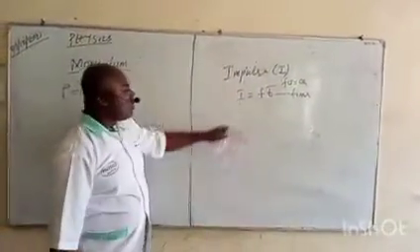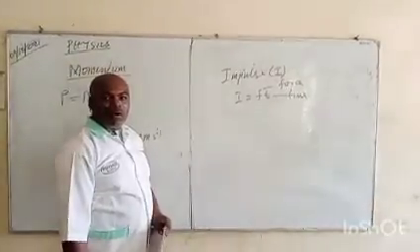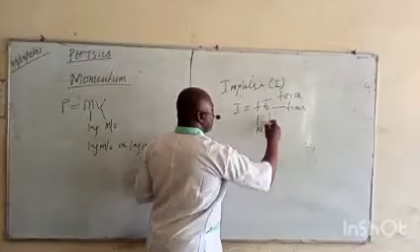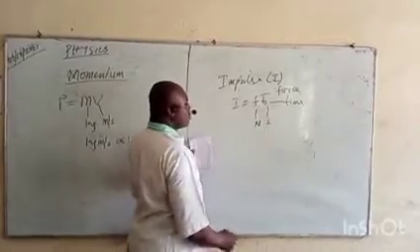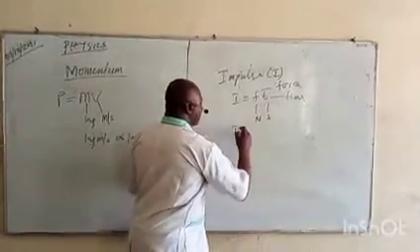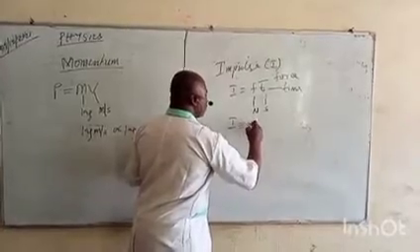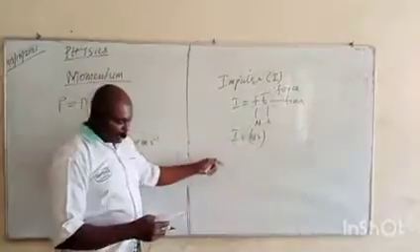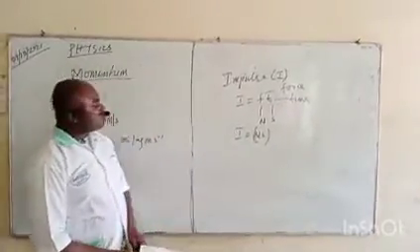And from there, we can also derive the SI unit for impulse, where F is in Newton, while T is in second. So therefore, impulse has an SI unit which is Newton second.